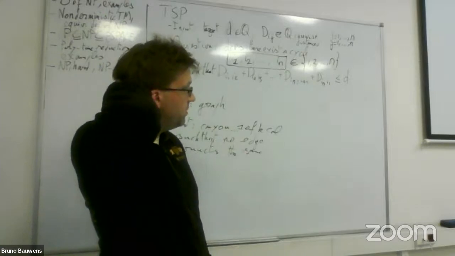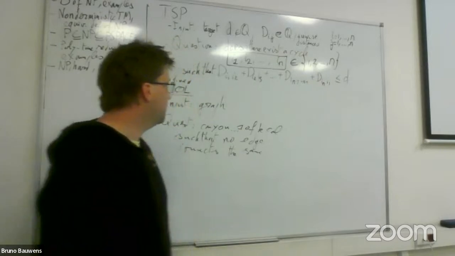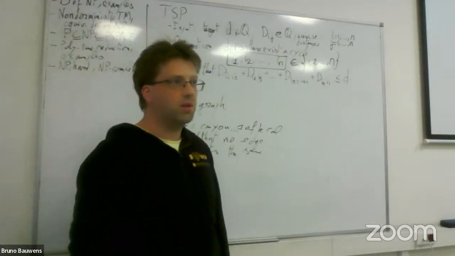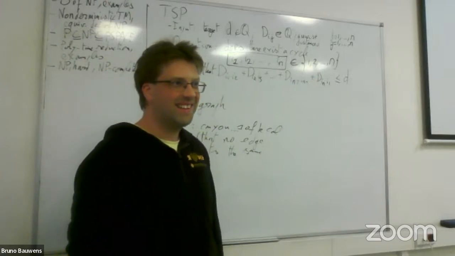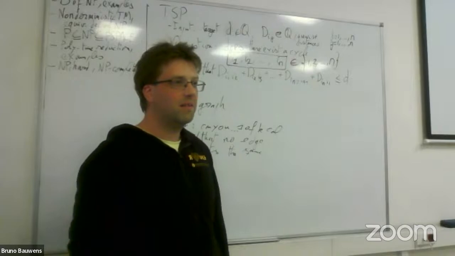If you're promised that the graph is 3-colorable, can you in polynomial time color it with a bit more colors? Well, it's pretty easy because if we can color with K, we can also color it with K plus 1 or plus 2.